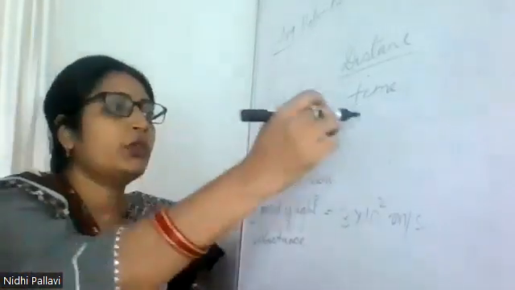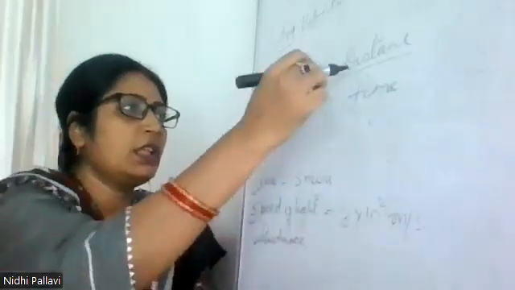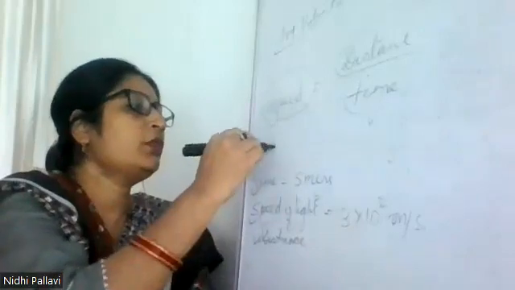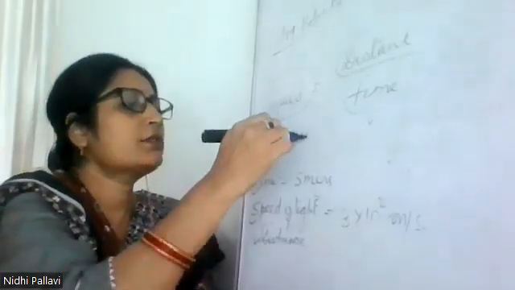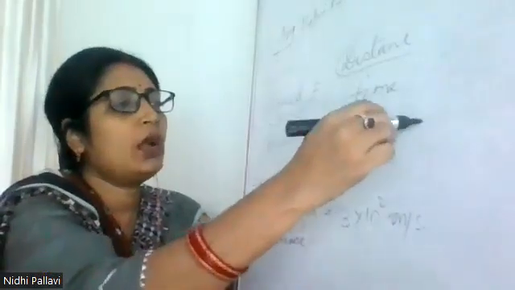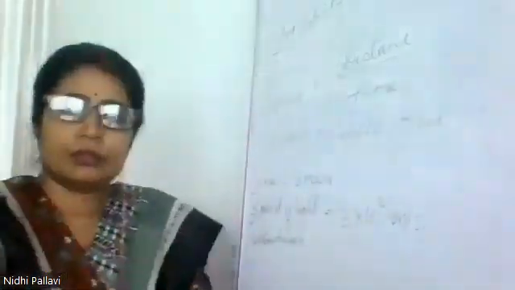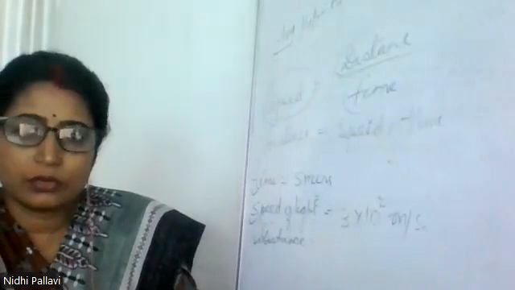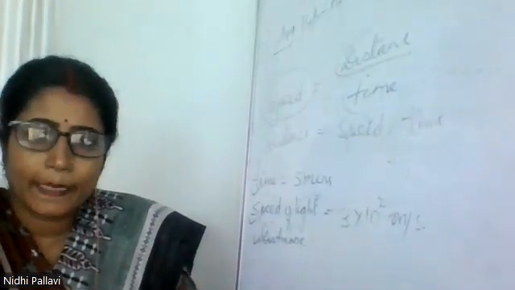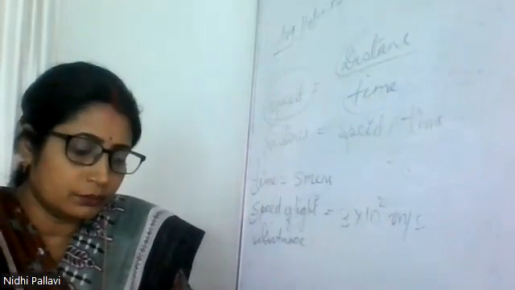Then you'll put the values and you will get the distance. Distance will be equal to speed into time. Okay, everyone?